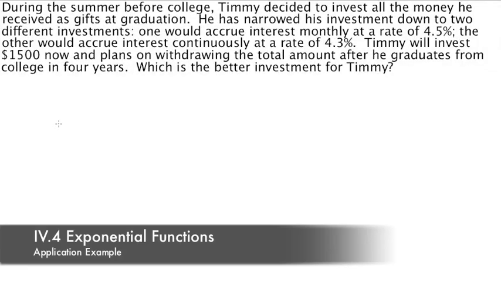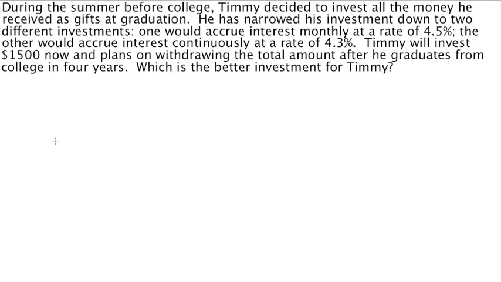So here's a little application problem that requires us to use both the compound interest formula at fixed intervals and the continuously compounded interest formula. In this problem we have Timmy, who's decided to take all of his high school graduation gifts and invest them, and then he plans on withdrawing the total amount after he graduates from college in 4 years.